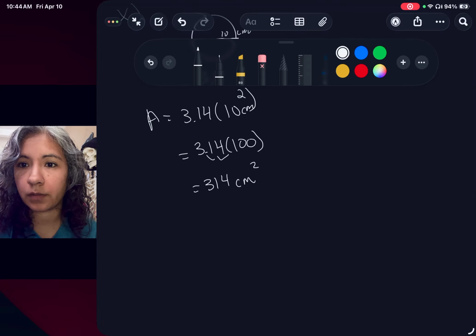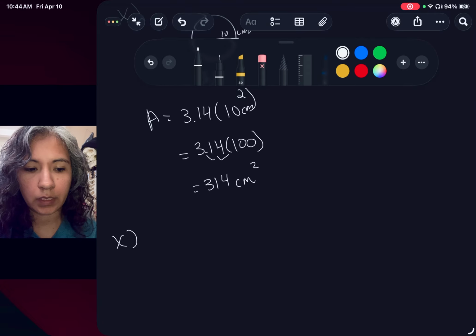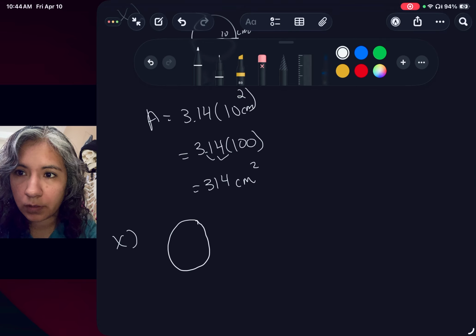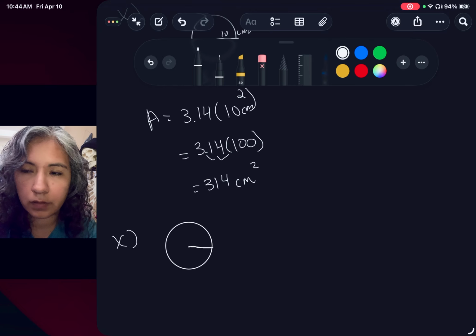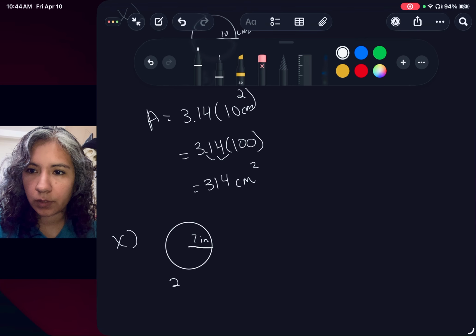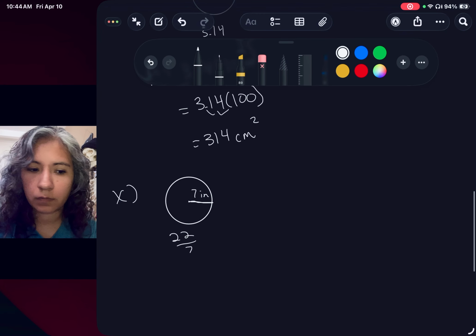So now let's find the area of this one, where the radius is 7 inches. We're going to use 22 over 7 for pi.